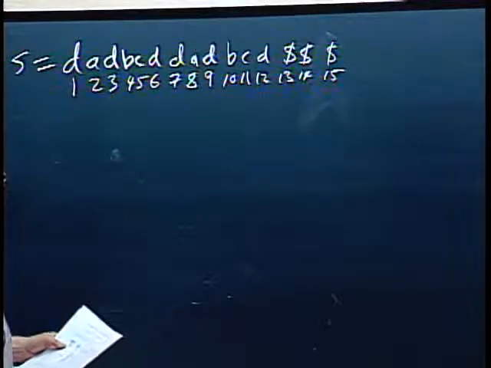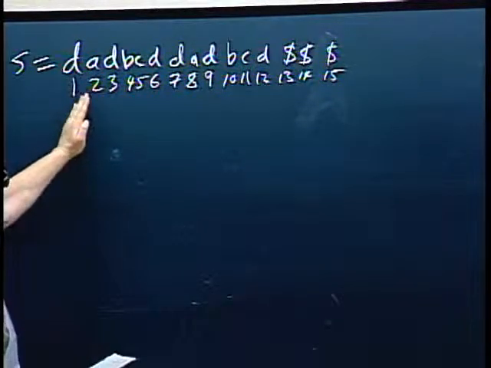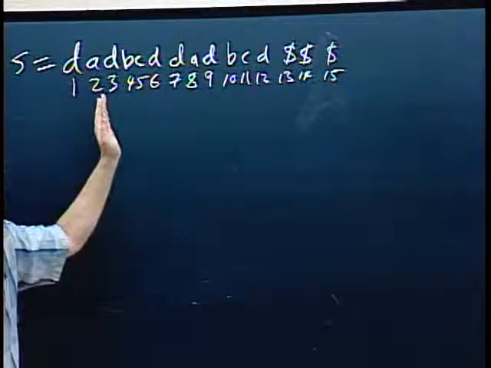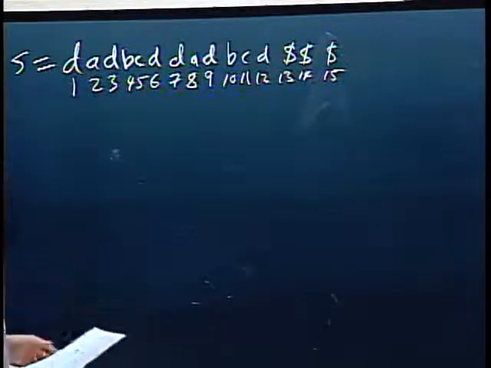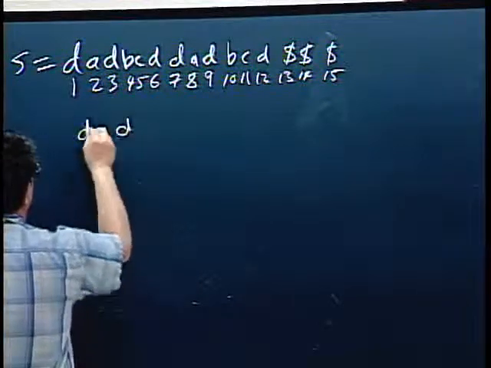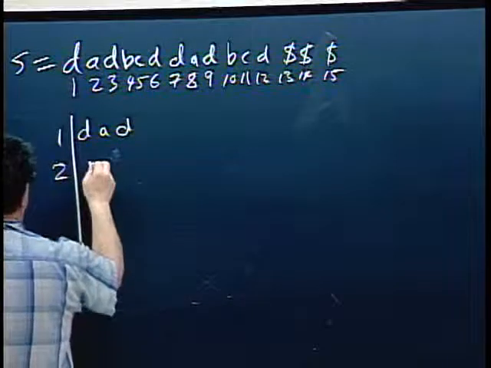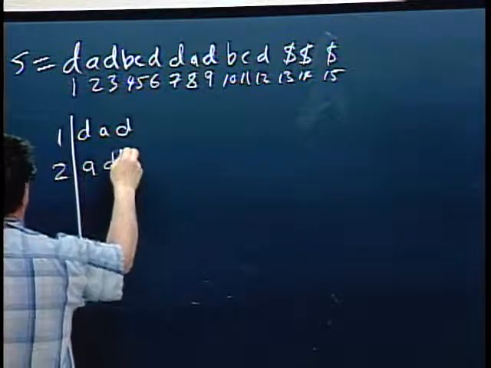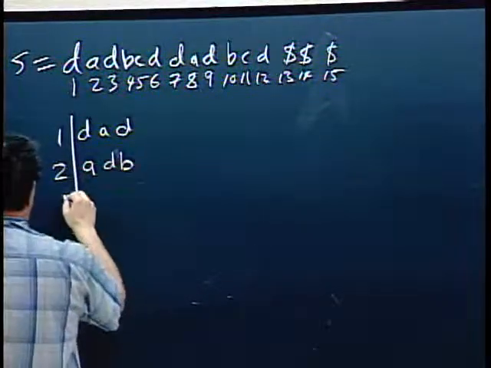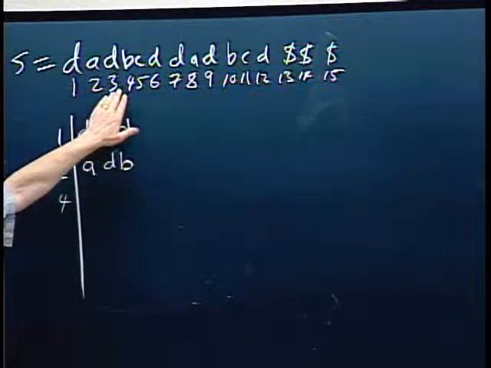All right, and then I said what we're going to do is for every position that's 1 mod 3 or 2 mod 3, we're going to get a substring of length 3. So this is DAD, the substring that begins at position 1, and the substring that begins at position 2 is ADB, and then we skip 3 because 3 is equal to 0 mod 3.